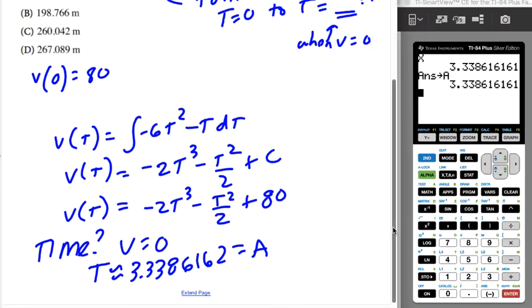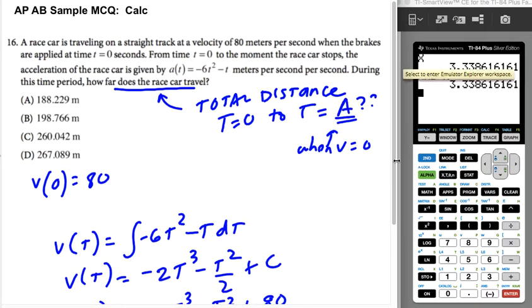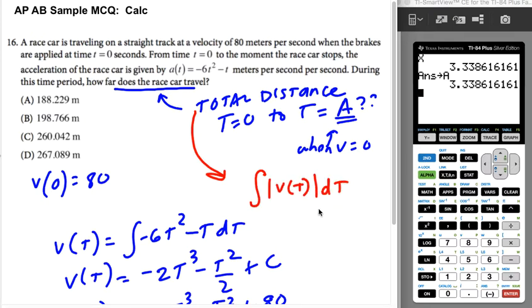Okay, so now that I've called that A, I can say t equals A. Now I need to remember what the formula for total distance is. The easiest way to do total distance is the integral of the speed. In this case, the car is traveling forward the entire time. The velocity is always positive, so you don't really need the absolute value, but to be safe, that's what I'm going to do. So this is the thing I called y1.